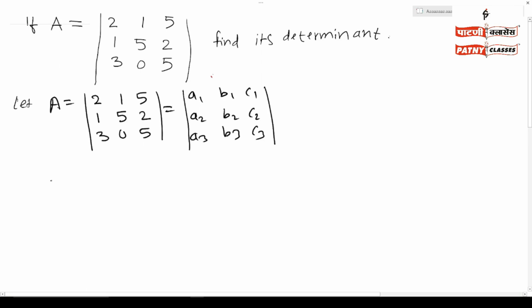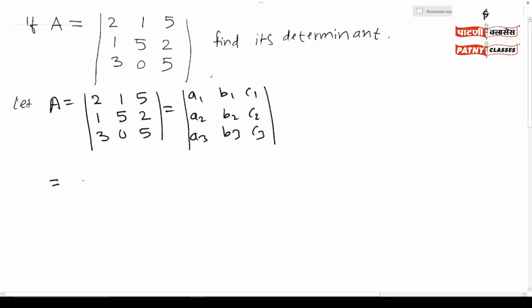Now the determinant is given by this. Here are the symbols: plus, minus, plus, minus, plus, minus, plus, minus and plus. So we are going to use these symbols.